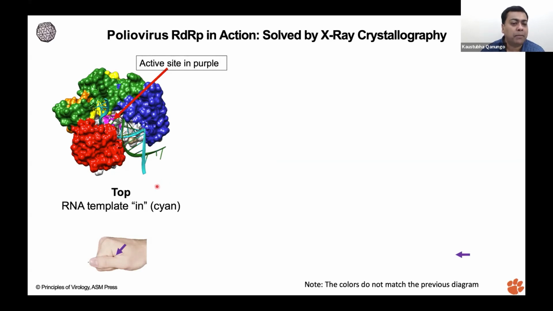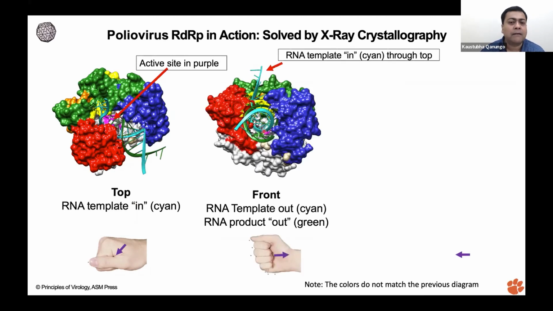That is the template, and the template goes through this top pore or the top hole into the active site. Once it goes into the active site, it makes a 90-degree turn, and then it exits from the front.